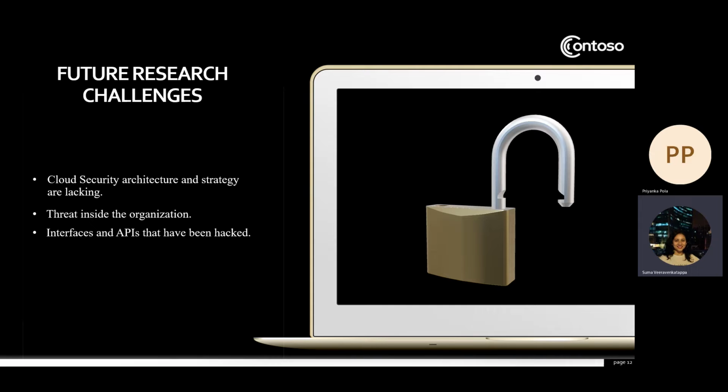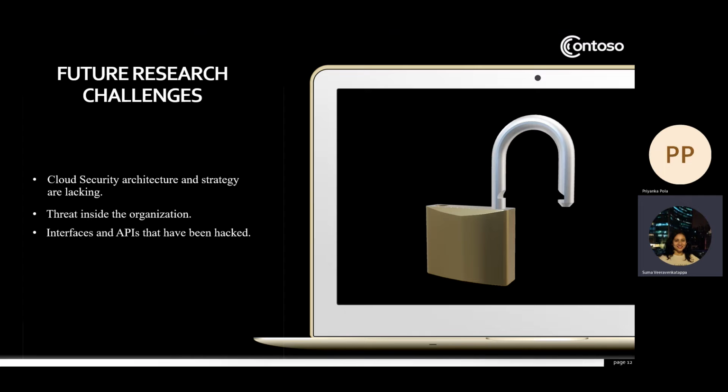Cloud security architecture and strategy are lacking. So organizations need to work more on security architectures and build a very high standard model and make it very difficult for anyone to hijack their systems. Their strategies have to have a very strong mission and vision.